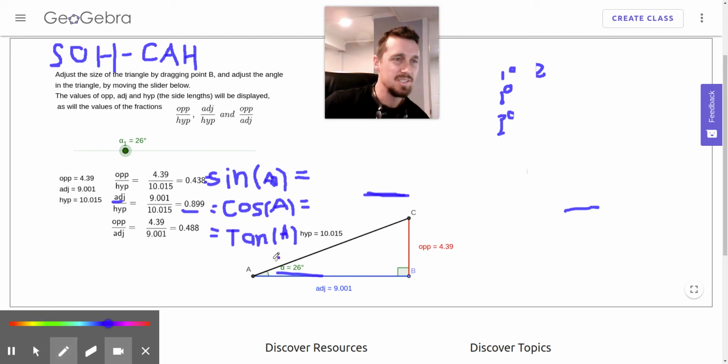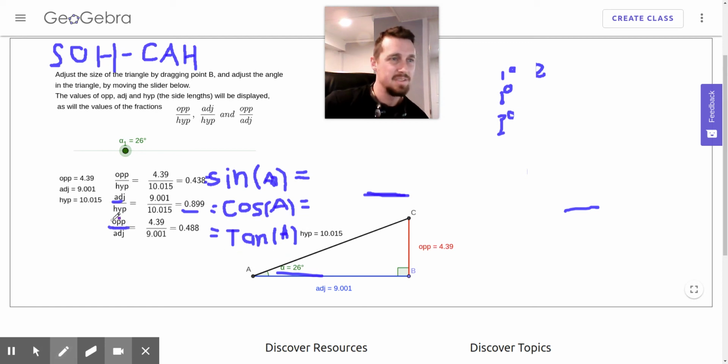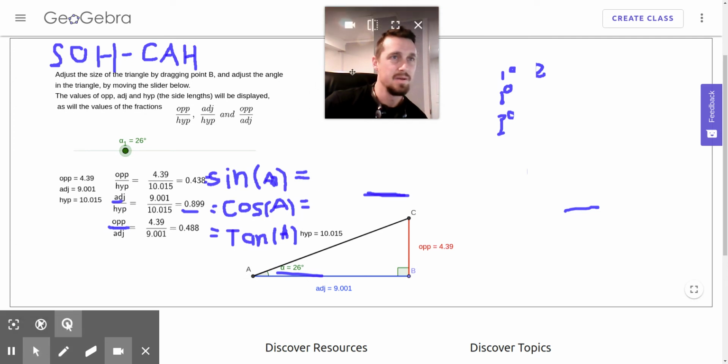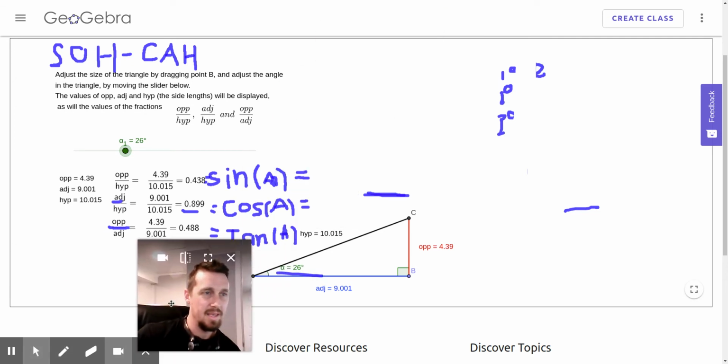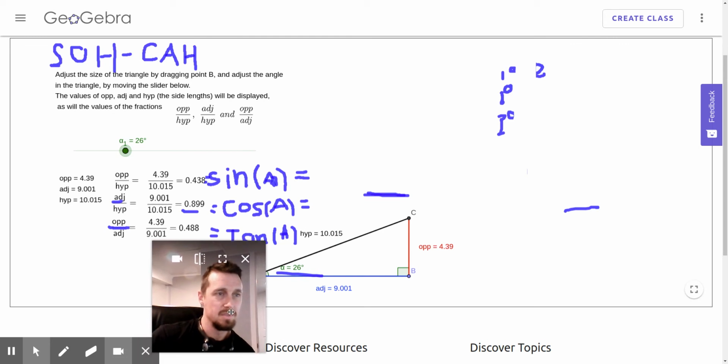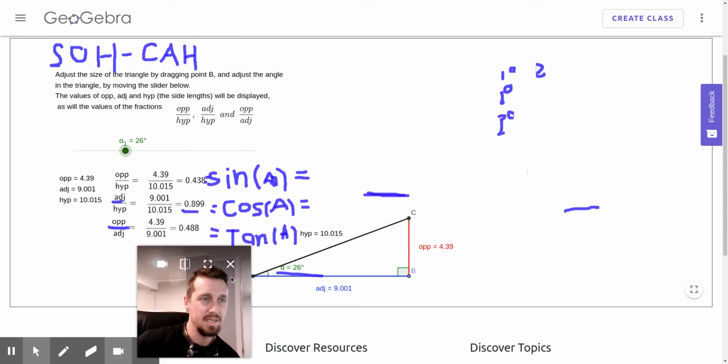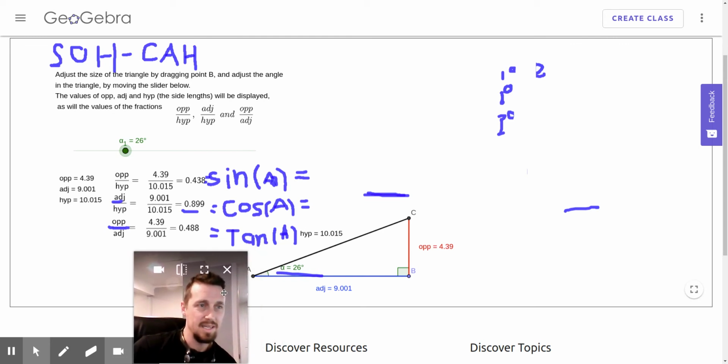And then tangent is the last one. And tangent is the ratio of the opposite side. So from our angle, the opposite side is always the one across the triangle. Remember, if you are at the angle, we call it the reference angle. It's like, hey, I'm over here by this angle. I've got one side that's close to me. I've got one side that's the hypotenuse.